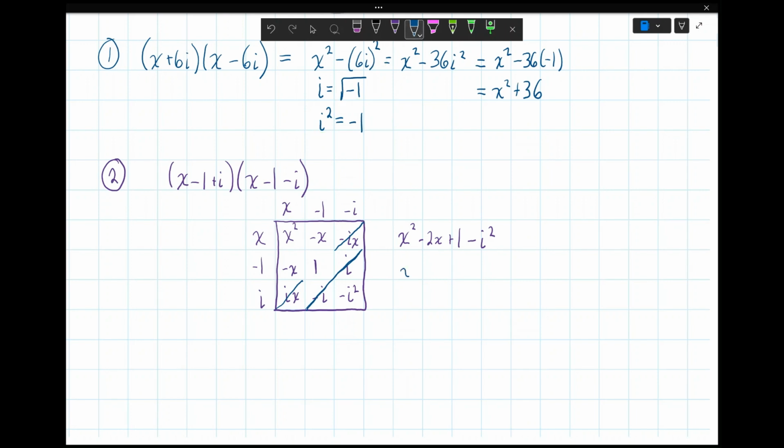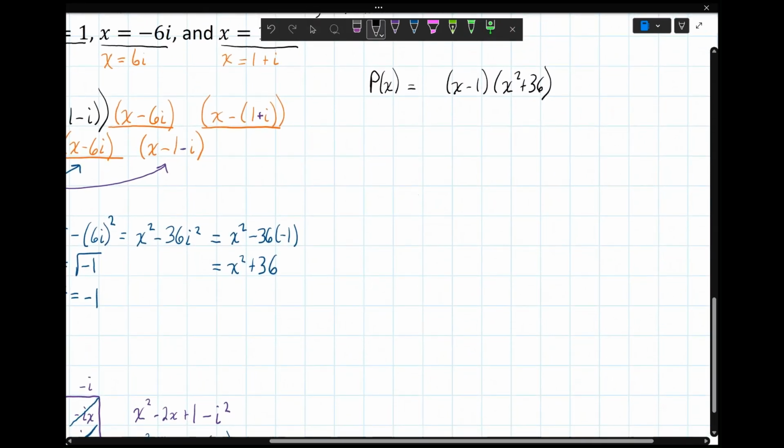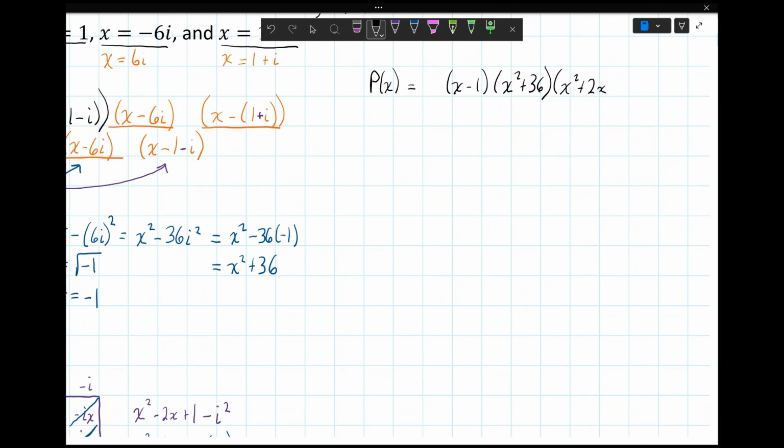So I end up with x squared minus 2x plus 1 minus negative 1, which gives me x squared minus 2x plus 2. And I can go ahead and add that to my answer. x squared minus 2x plus 2.